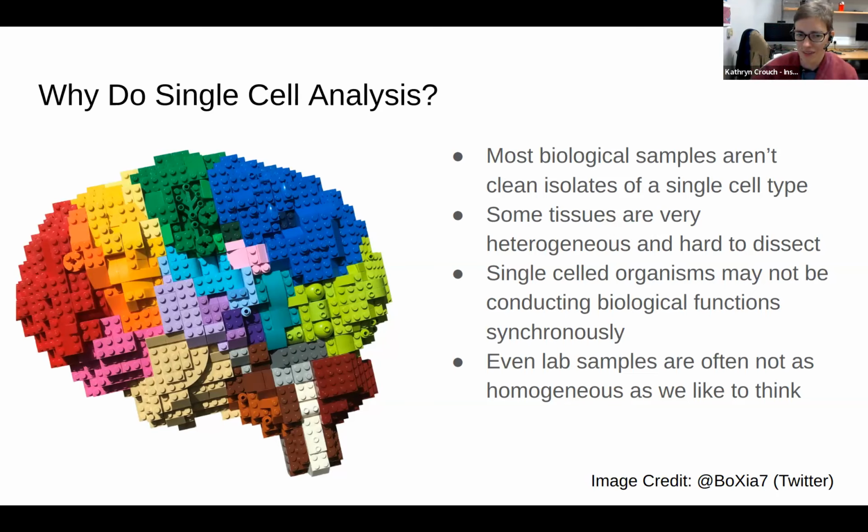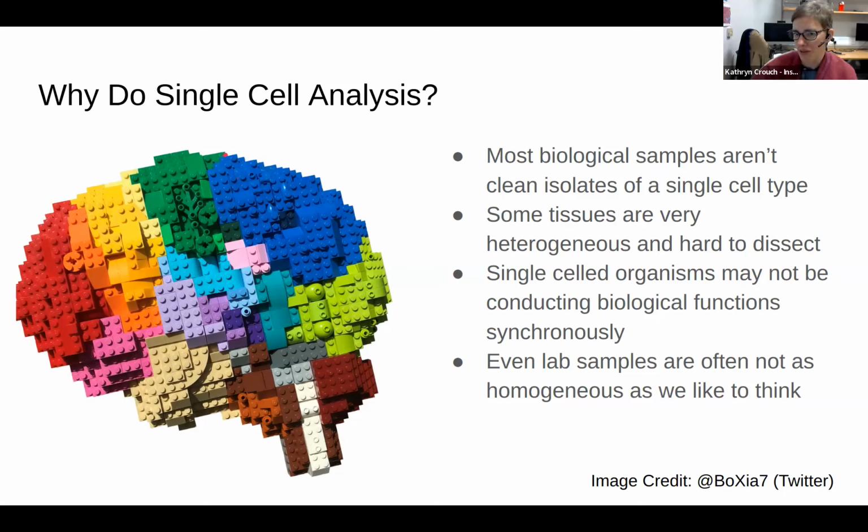Obviously the big picture case would be where you have a tissue, something like, I think this is supposed to be a brain, which has lots of different cell types in it. Some of the compartments in the brain can be very, very small and it's hard to dissect them out cleanly. And even within a compartment, like even within this blue compartment up here, you can imagine that the cells in the center are slightly different from the cells which are in direct contact with the green cells at the boundary here.